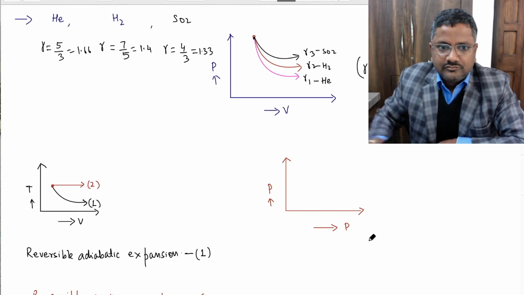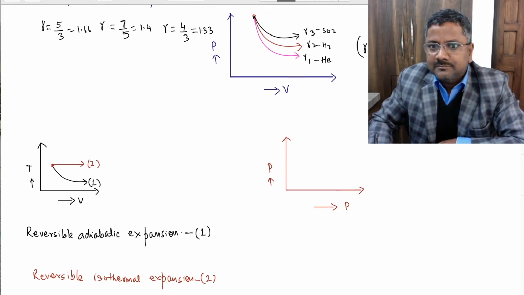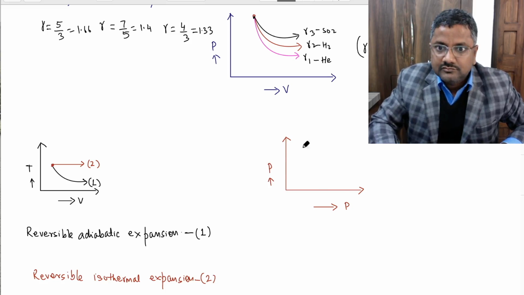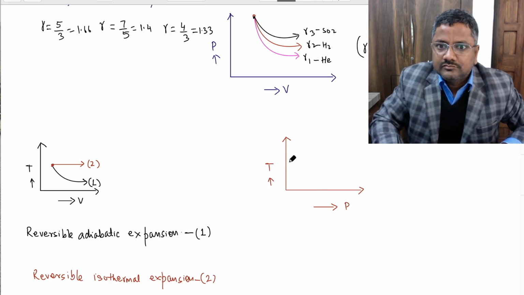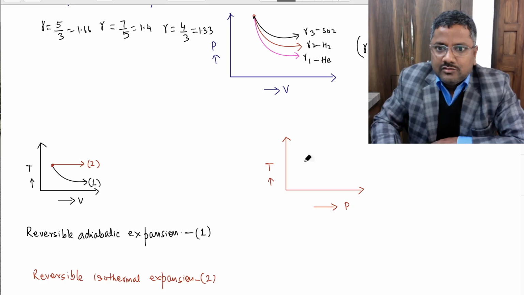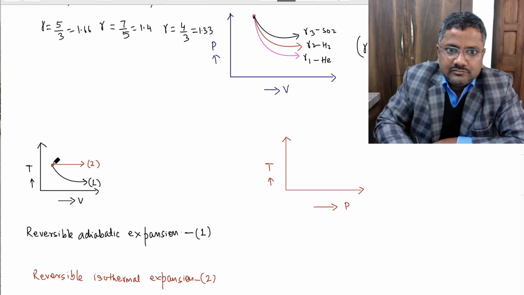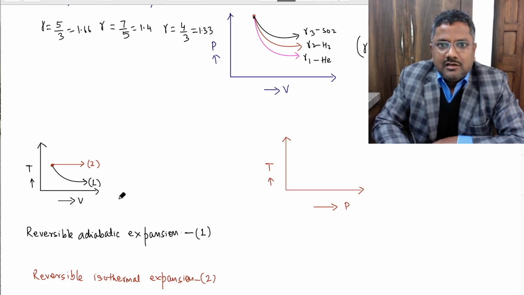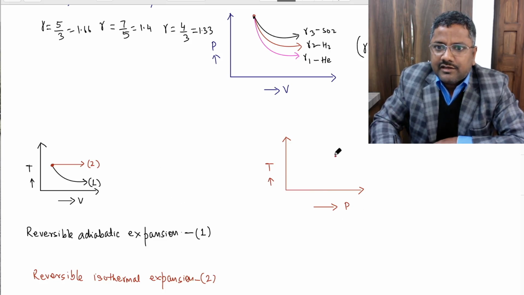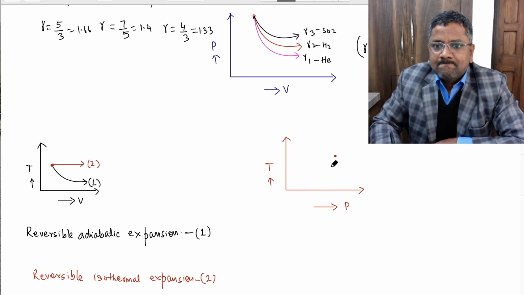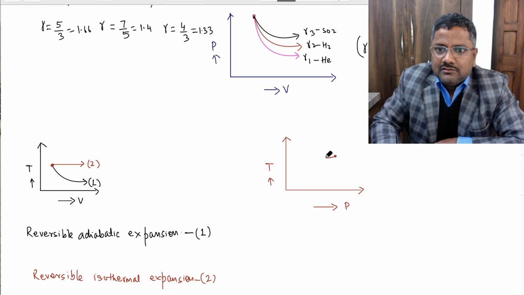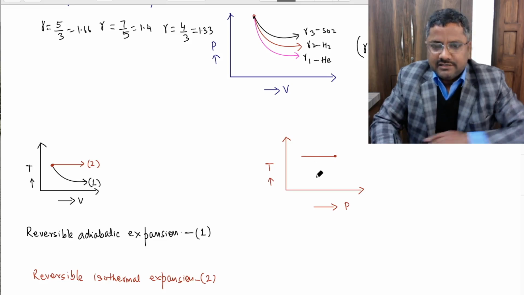So reversible adiabatic, this is T, right? When we take the P versus T plot, the initial state will lie somewhere here, right? And isothermal expansion is like this.